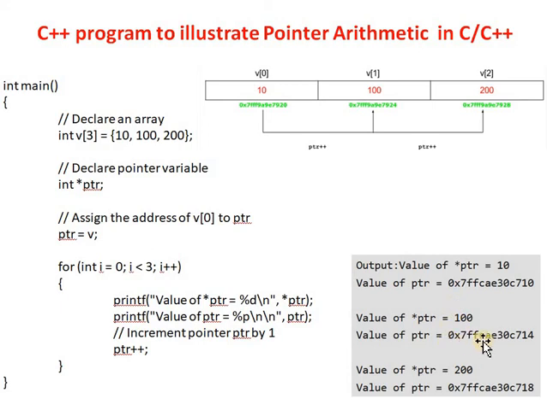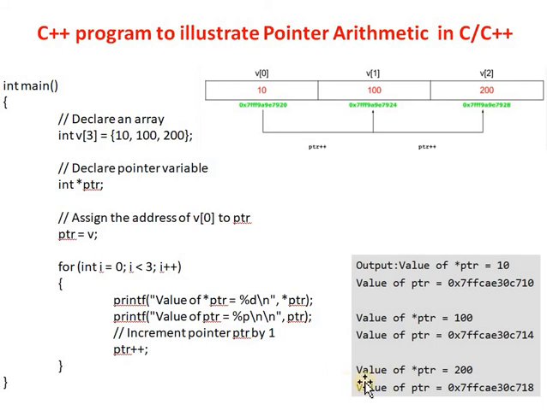Then again we are displaying the address of that particular pointer variable, that is 714. Here the address is incremented by 4 because this machine requires 4 bytes to store the integer value.